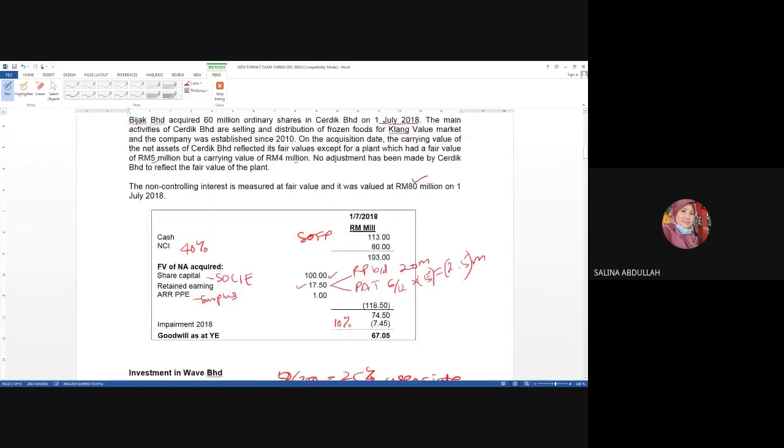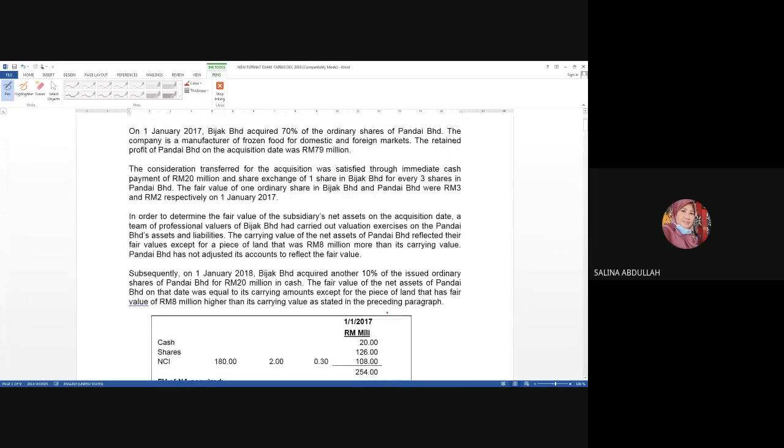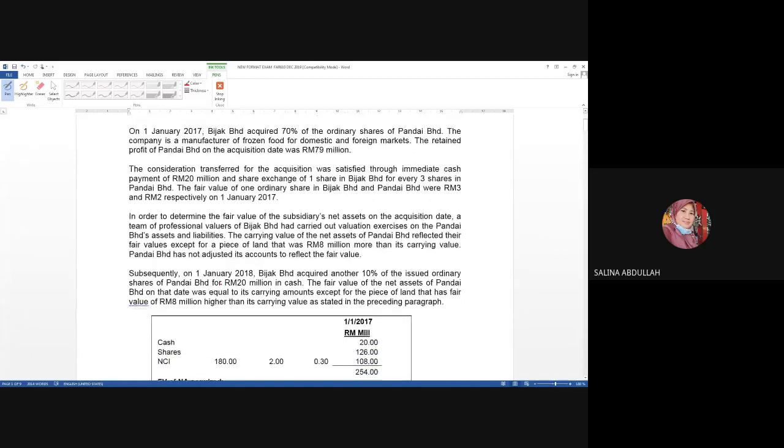We have a second acquisition for S1, Bandai Berhad. In this additional information, you can see we have on 1st January 18, Bijak acquired 10%. This is exactly the start of the accounting period.